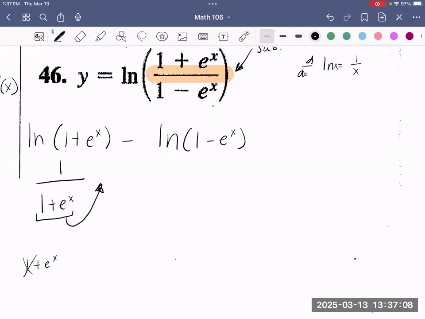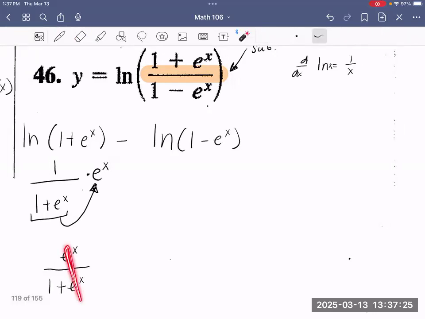Well, 1 is a constant, so it gets removed, and e to the x derivative is just e to the x. So this is multiplied by e to the x. So that first portion is e to the x over 1 plus e to the x. And no, these e to the x's do not cancel because your denominator is acting as a unit.